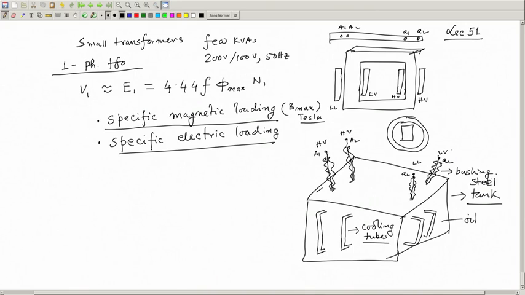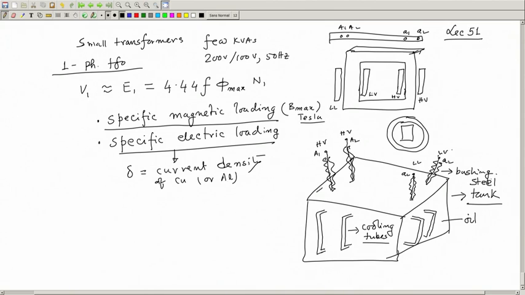Okay. Now, specific electric loading is the current density, this one. This is denoted by delta, the current density, of copper, or aluminum, whatever you are using.